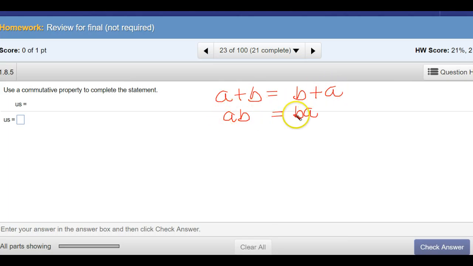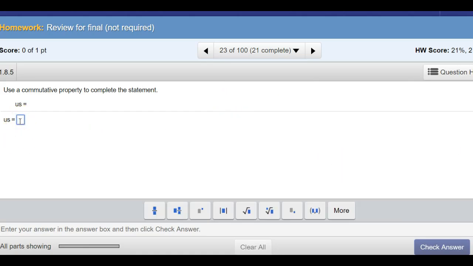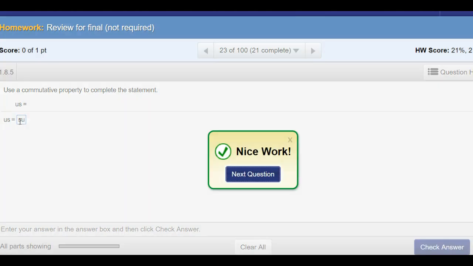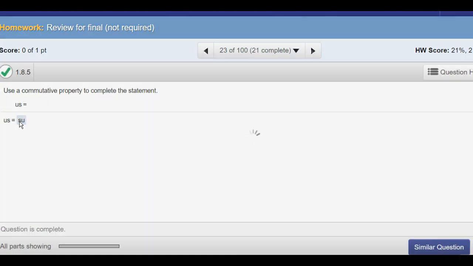This is the commutative property of multiplication. So that's what they're asking us here. So we just switch the order of the letters. So here we're going to write SU. Okay.